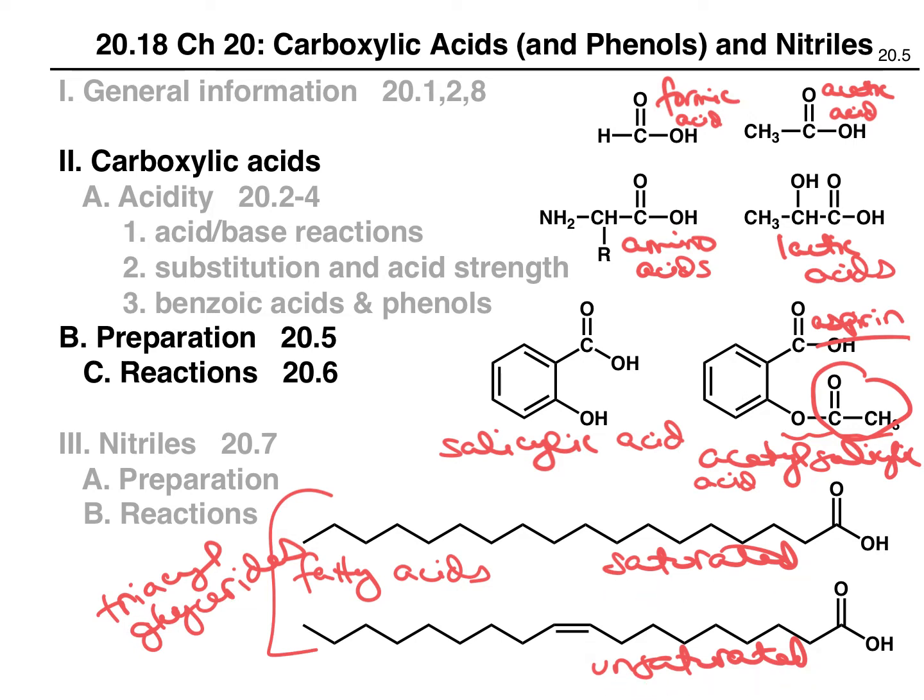So, for example, if all of the fatty acids are saturated, then your triacylglyceride is a fat, whereas if you have some unsaturated fatty acids, then your triacylglyceride is an oil. We will talk about these a little bit more at the end of the semester, but for now we're going to take a look at some synthetic methods to prepare carboxylic acids.